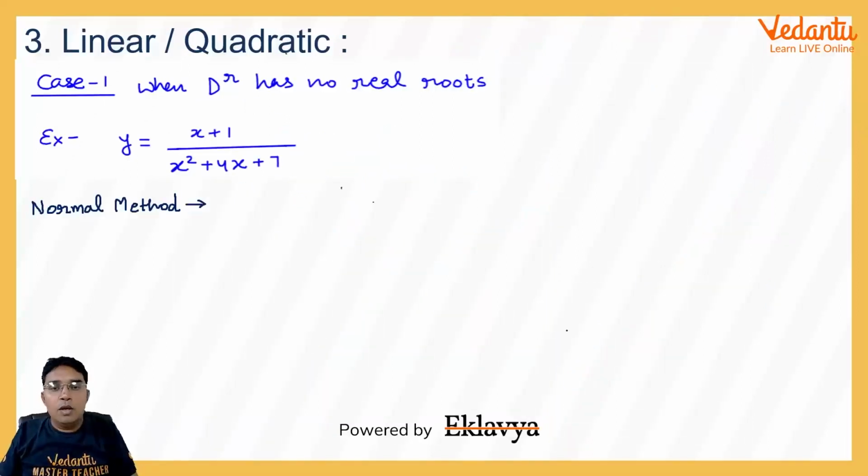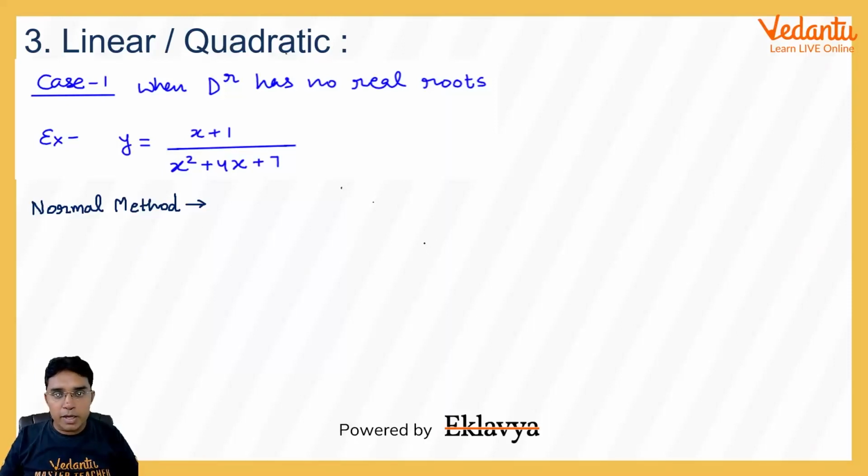Okay, now coming to linear upon quadratic, and the first case is where the quadratic denominator is not having any real root. In fact, this is just the reciprocal of my first case of quadratic upon linear. The normal method you already know, by making a quadratic after doing cross multiplication and doing D greater than or equal to 0. I will tell you the other method.